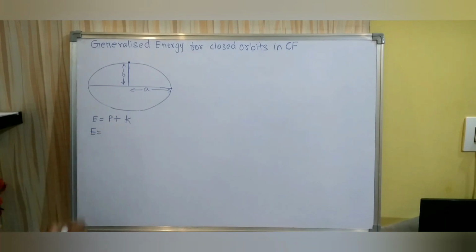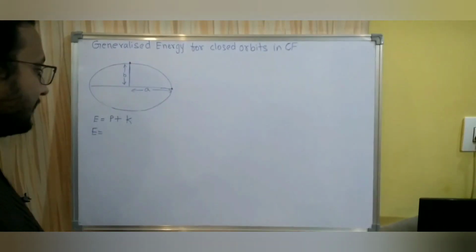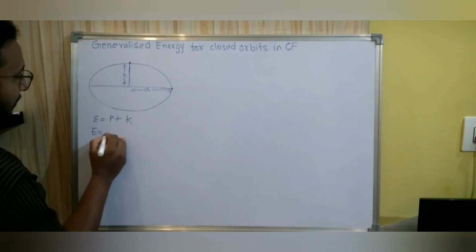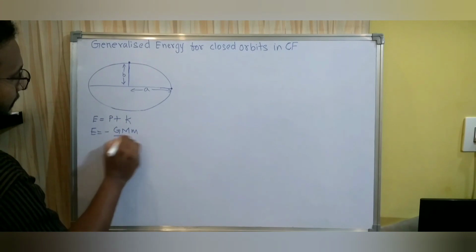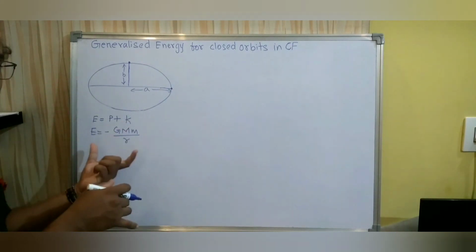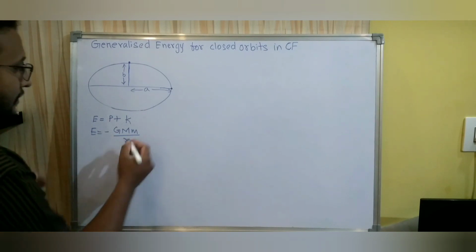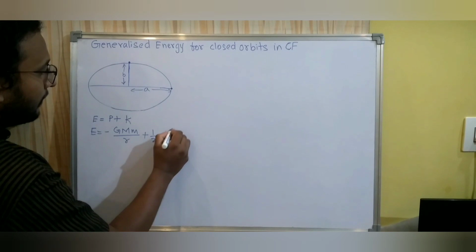The potential energy of a planet in the gravitational field can be written as negative GMm divided by r, and the kinetic energy is half mv square.